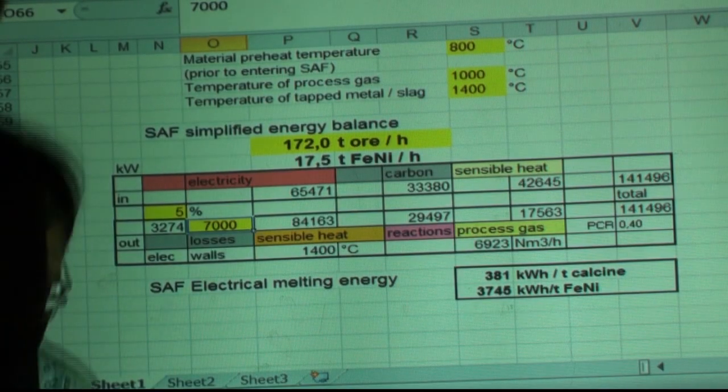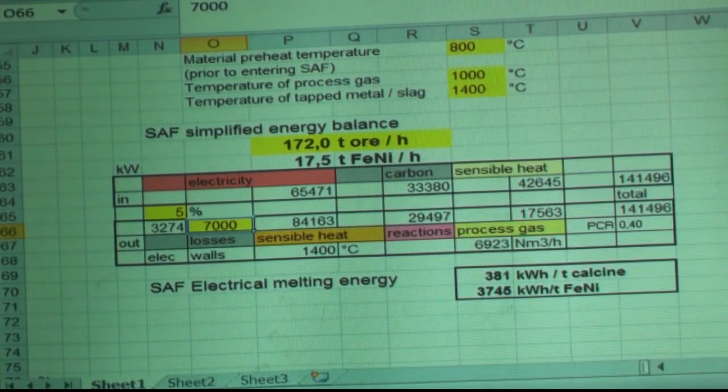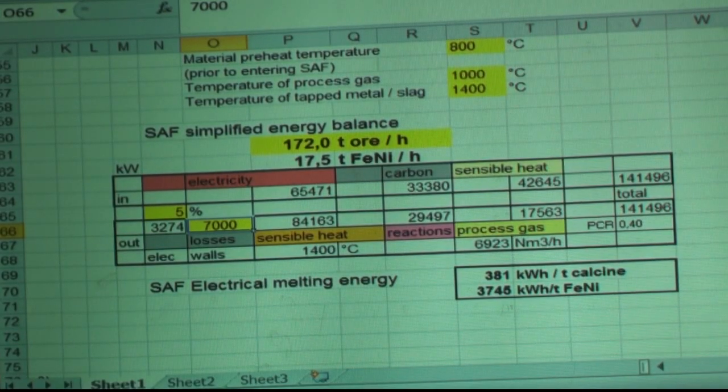If you are very hot here, you have to calculate the heat that radiates to the roof. You understand?